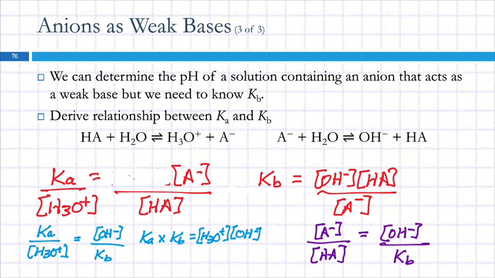So we can say that Ka times Kb equals Kw, which equals 1 times 10 to the minus 14 at room temperature.